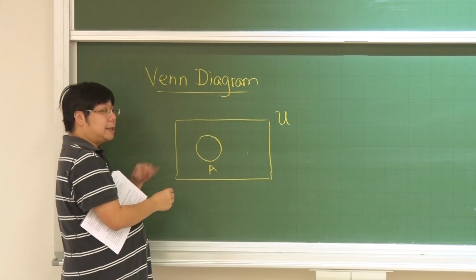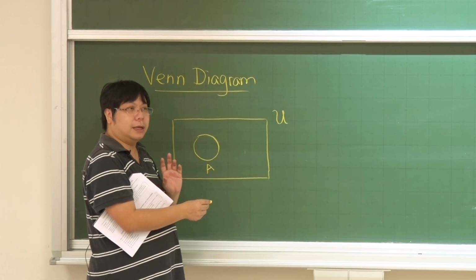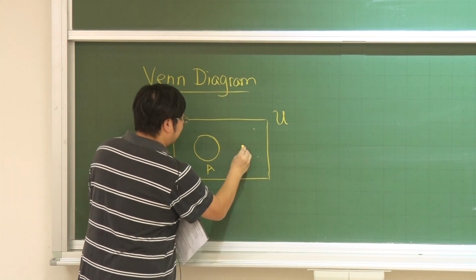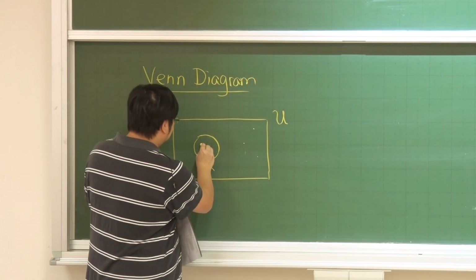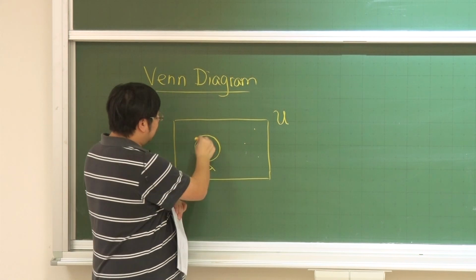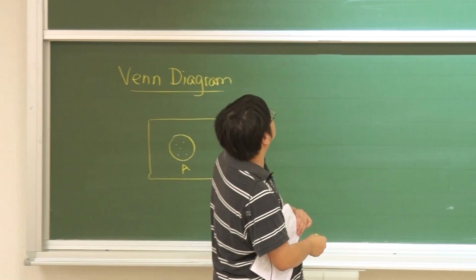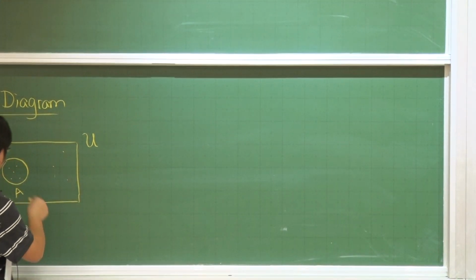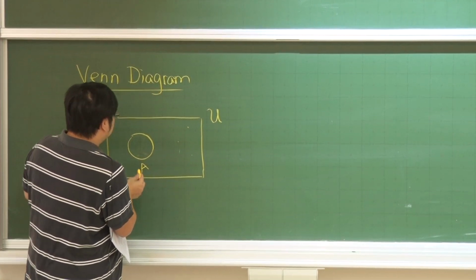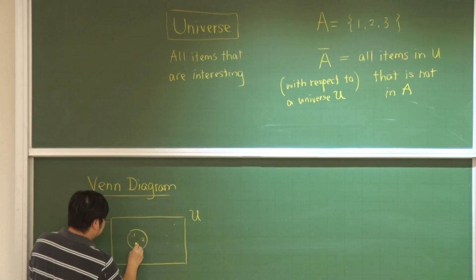Imagine this representation: in this universe, it is full of items. Each item you can think of as a small dot, and there are some dots inside A. So A will contain all the items represented by the dots. For instance, in our example, A is 1, 2, 3. So it contains an item 1, an item 2, and an item 3.